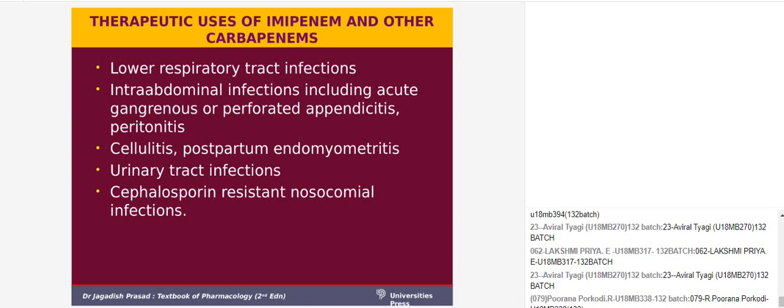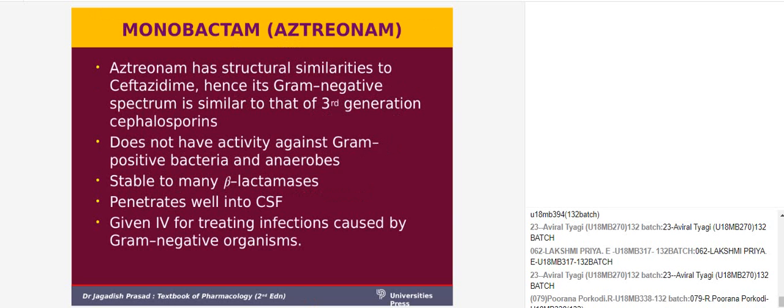And if you see the monobactam, actually aztreonam, which is a beta-lactam antibiotic with only one ring in its structure, and the name monobactam refers to that. It inhibits bacterial cell wall synthesis and is effective only against gram-negative bacteria such as Enterobacteriaceae, gonococci, and H. influenzae, but has no activity against gram-positive bacteria and anaerobes.